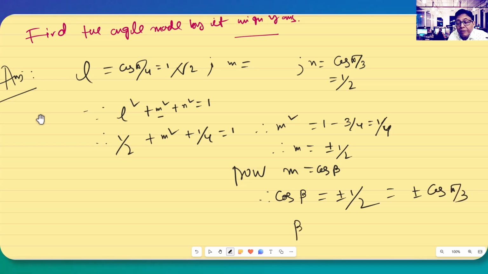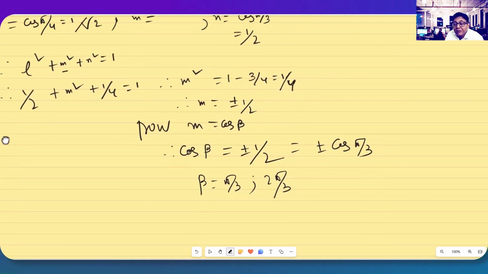So, beta will be either pi by 3 or 2 pi by 3. Cos 2 pi by 3 is negative. If we absorb the minus sign, with this much trigonometric sense, we can write this as either cos pi by 3 or cos of pi minus pi by 3, when the minus sign is considered. So this will give us cos 2 pi by 3.